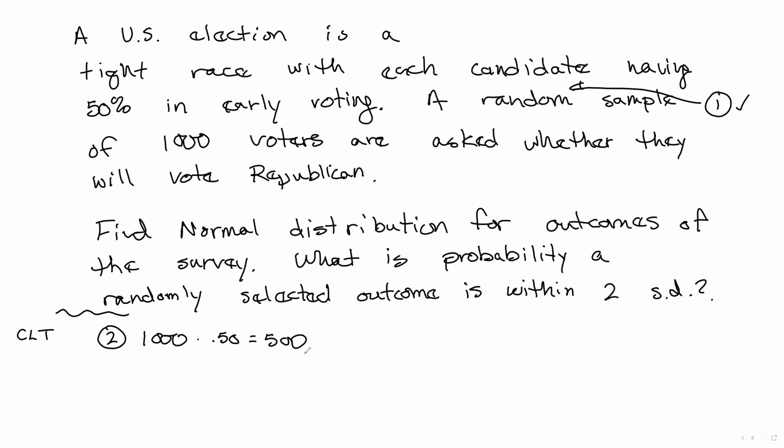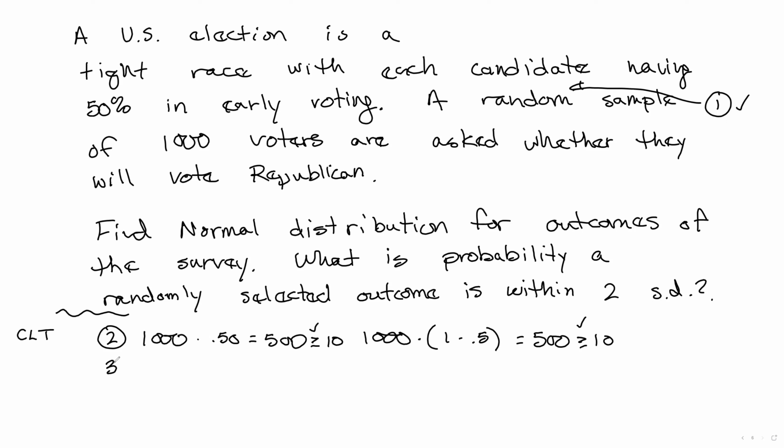So that's 500 yeses. We expect 500 people will vote Republican. And then 1,000 times 1 minus 0.5, this is for no's. We also get 500 Democrats. This is greater than or equal to 10, that checks. This is greater than or equal to 10, that checks.